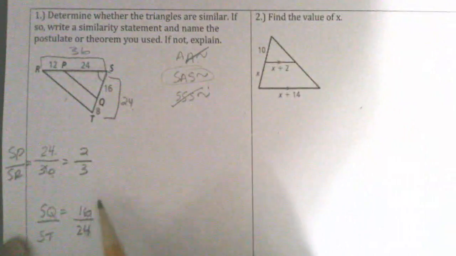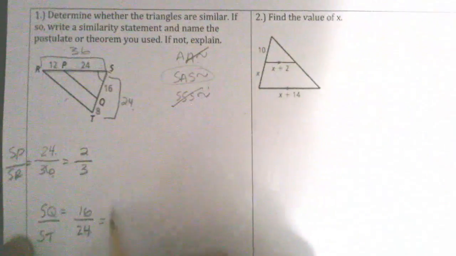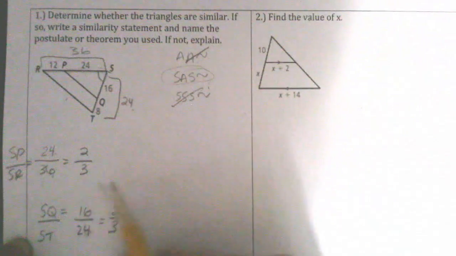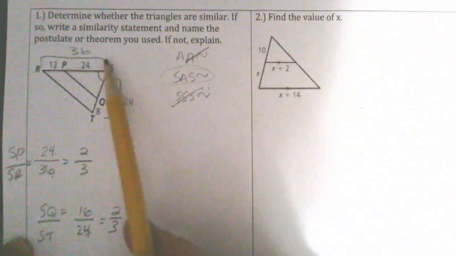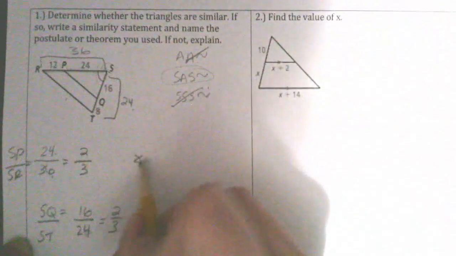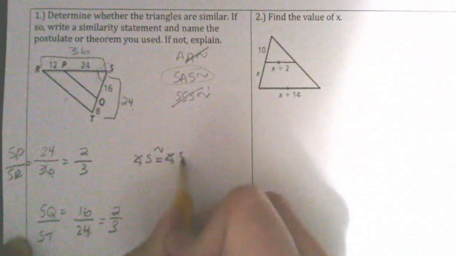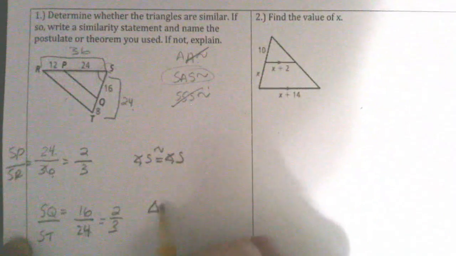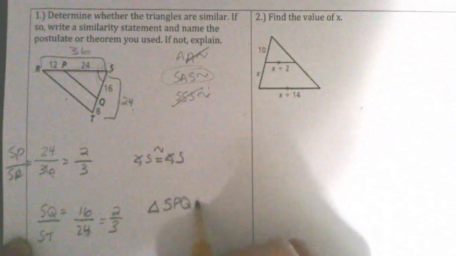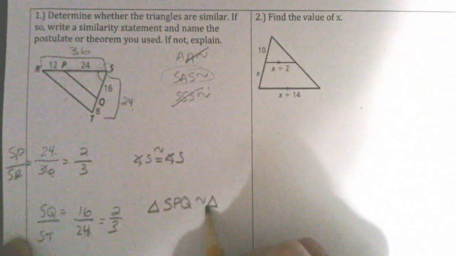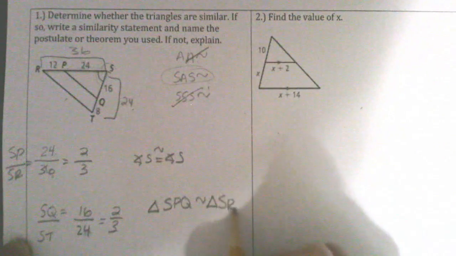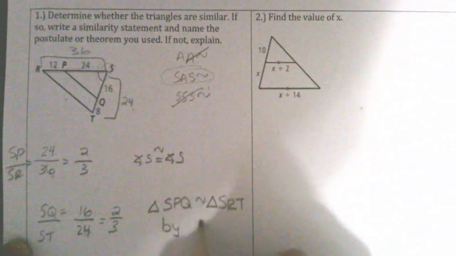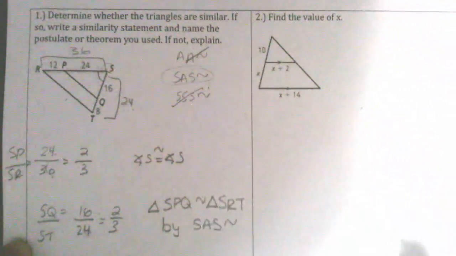We can divide 16 by 8 and 24 by 8, and that would give us 2 over 3. So because these are the same and they share this angle, then that means triangle SPQ will be similar to triangle SRT by side angle side similarity.